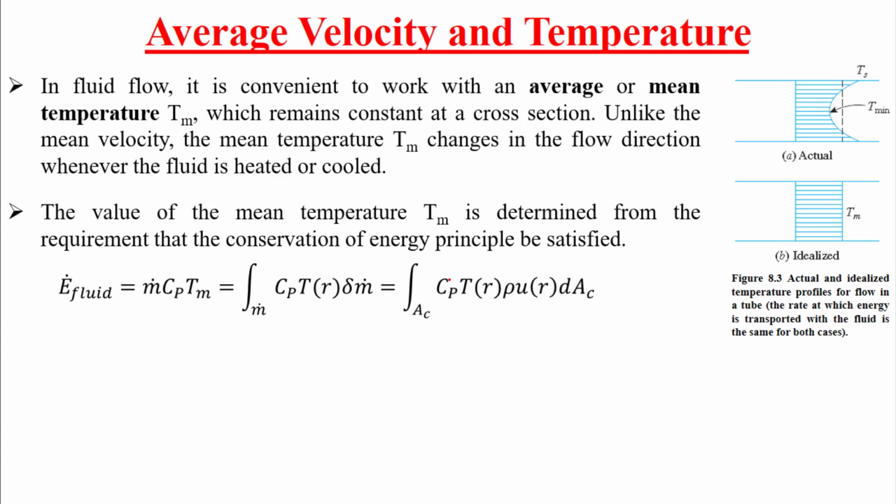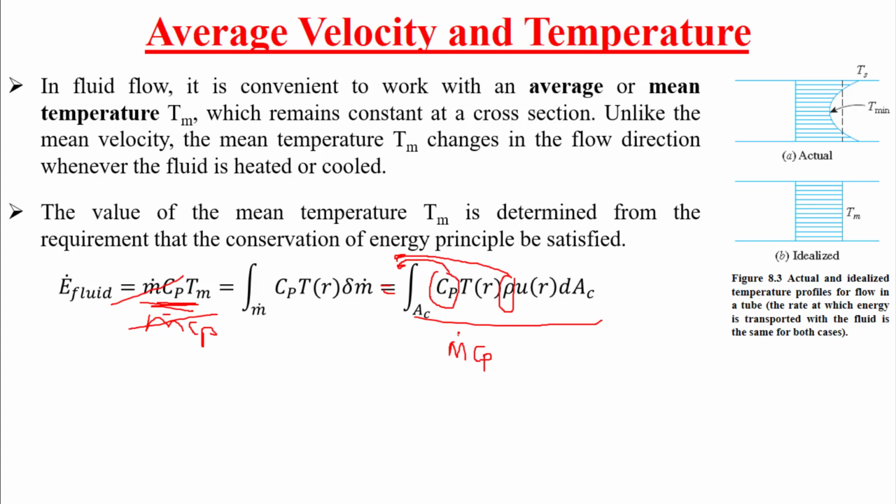Okay. So Cp, as we agreed, and rho are constant, so we'll take them outside the integration. And on the other side, this equation equals this one, so I'll divide both equations by m dot Cp, so this m dot Cp will cancel out.